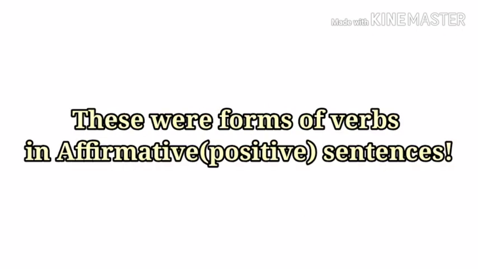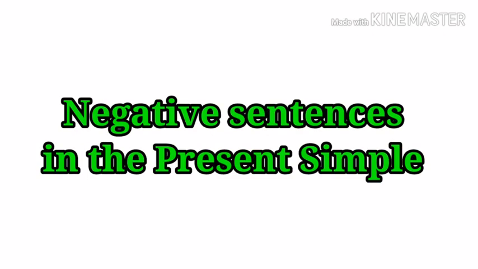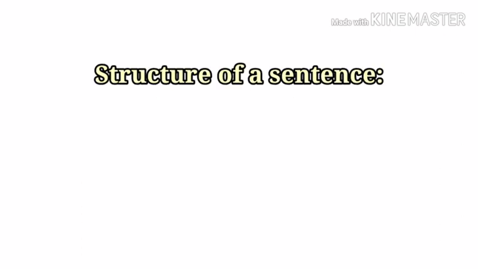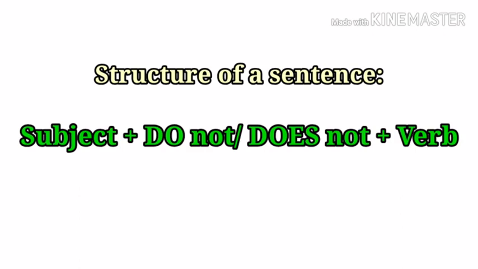These were forms of verbs in affirmative, that is positive sentences. And now negative sentences in the present simple. The structure of a sentence in present simple: subject plus do not, does not, plus verb. So we make our negative sentence with the help of the auxiliary verb do in present simple.